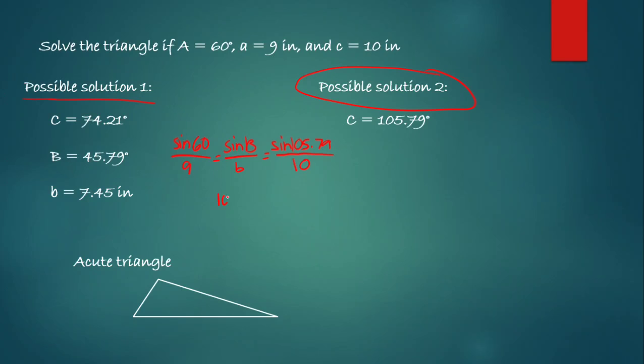Add 105.79 plus 60, and we get 165.79, minus it by 180, and we get 14.21. So our angle B is 14.21 degrees.